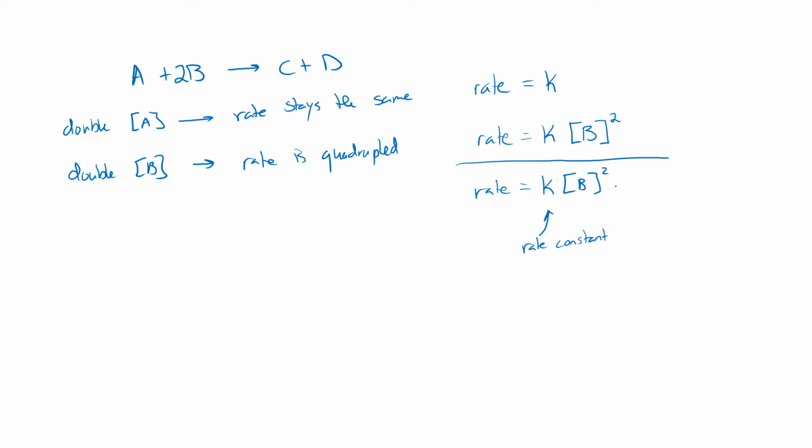And so in this case, if we change the concentration of B just a little bit, we get a large change in the overall rate of the reaction. The initial rate changes by an order of 2.